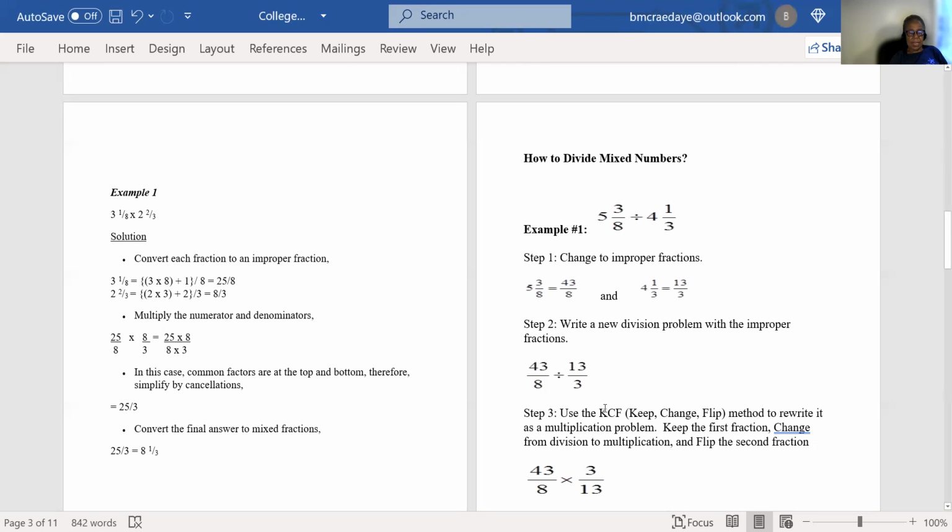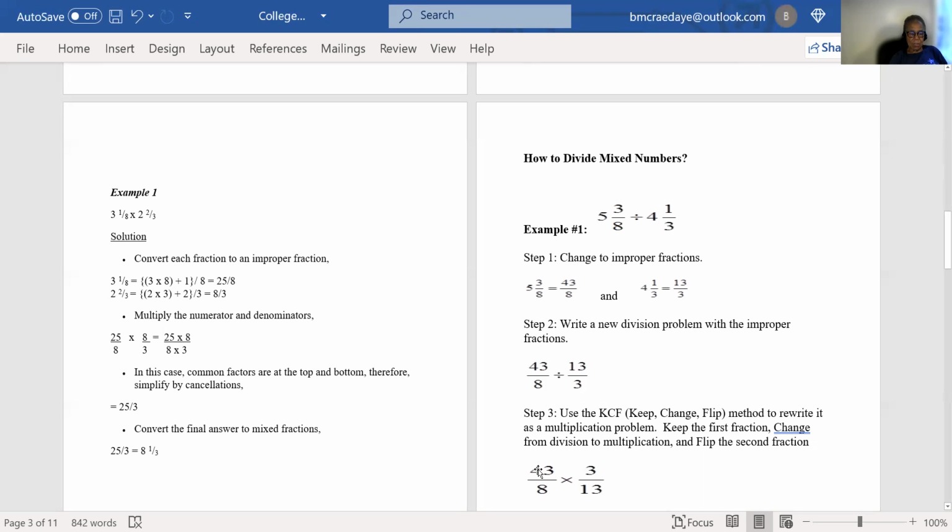Okay, so the KCF method, just remember that. You keep the first fraction, change your division to multiplication, and flip this divisor. So 13 over 3 becomes 3 over 13.